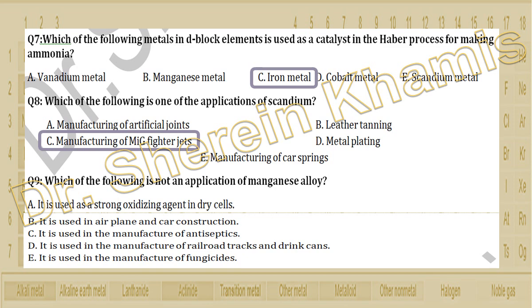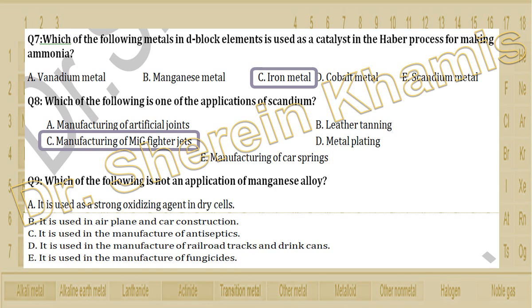C, it's used in the manufacture of anti-spects. D, it's used in the manufacture of railroad tracks and drink cans. We also have all kinds of cans. The last one is used in the manufacture of fungicides.